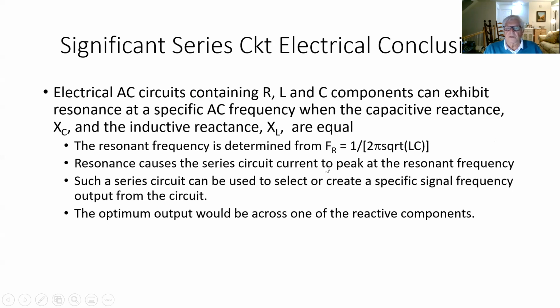We see that the current peaks at the resonant frequency. We can use that to create a specific signal frequency output from a circuit, FR, depending on the value of the inductor and the capacitor. And the output will be taken across one of the reactive components.